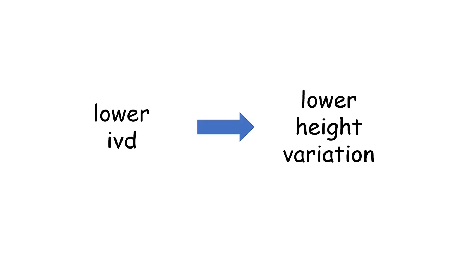So this is because the map with the lowest intervector distance value is causing a lot of variation in this map. So what we could do to fix this problem is for maps that have a lower IVD value, we need to also have a lower height variation value on that map.